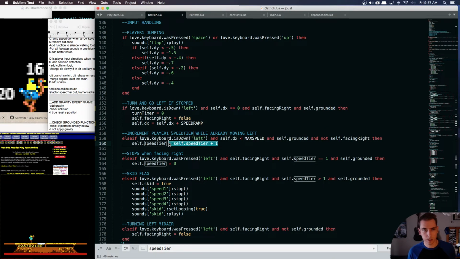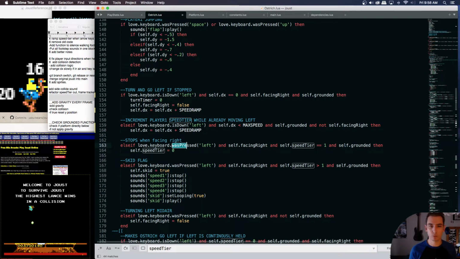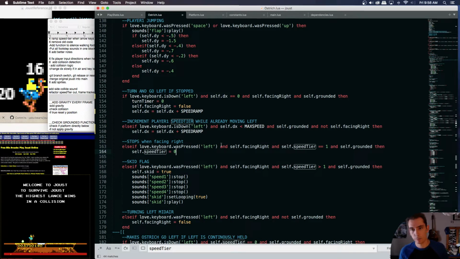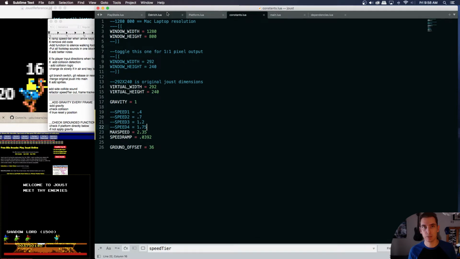And then if that's the case, we do our speed ramp. Stop when facing right can be the was pressed, not the is down, but it needs to be, shoot, instead of speedTier is 1, we need dx smaller than whatever our speedTier 1 was getting, which is 0.4.